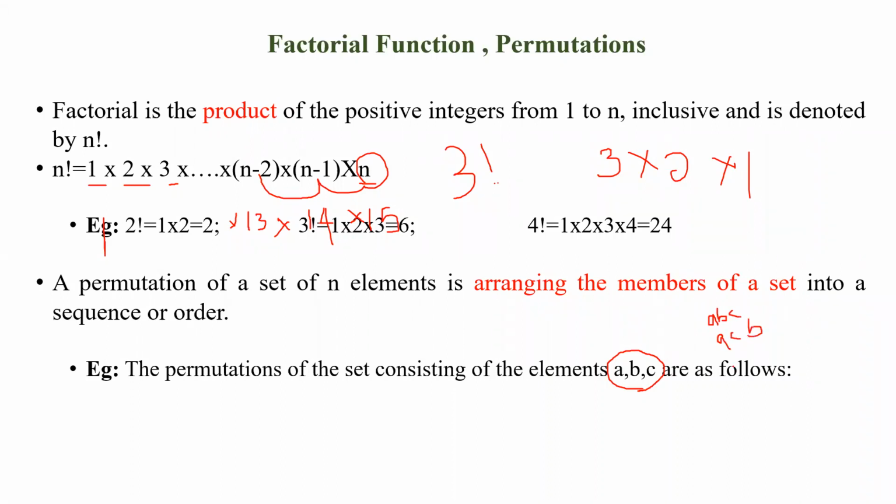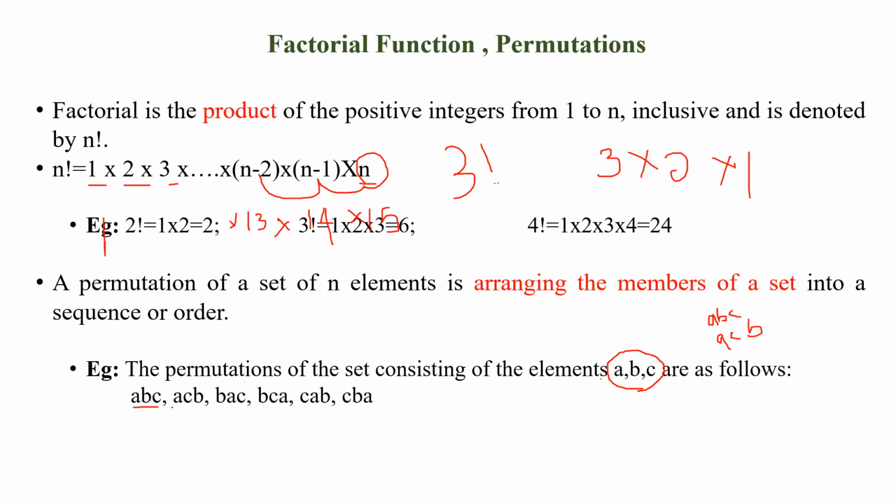Then you may change the order of A and B, so you'll write B, A, C, and then B, C, A. If you take all the possible combinations, you will see that there are 6 possible ways of writing the combinations with the 3 elements A, B, C. But first you will write A, B, C, and then you will change the order of A and C.